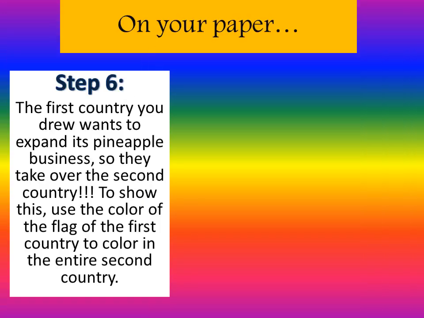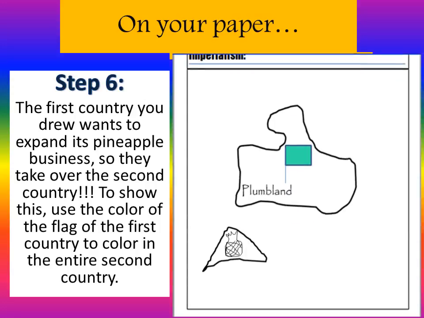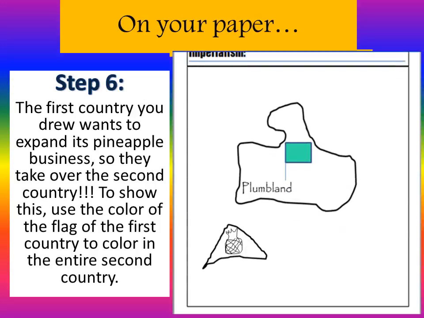Okay. Step 6. The first country you drew wants to expand its pineapple business, so they take over the second country. To show this, use the color of the flag of the first country to color in the entire second country. Alright, so get your marker, get whatever color you have. I got green. I'm going to color in my second country.